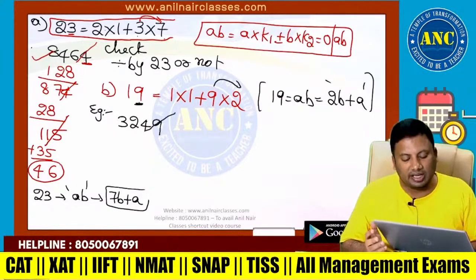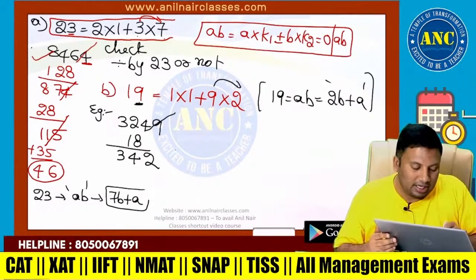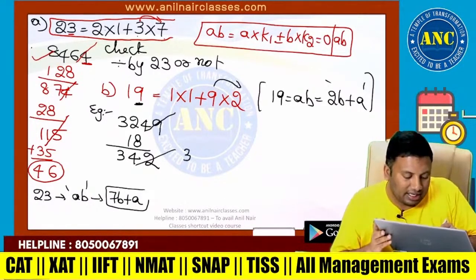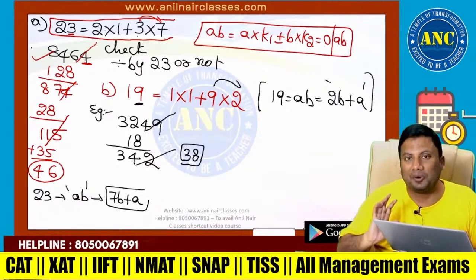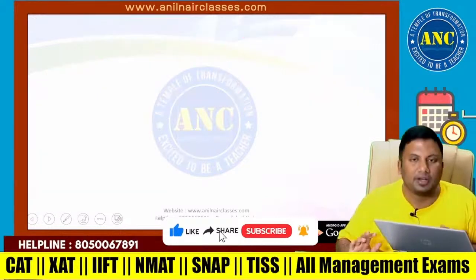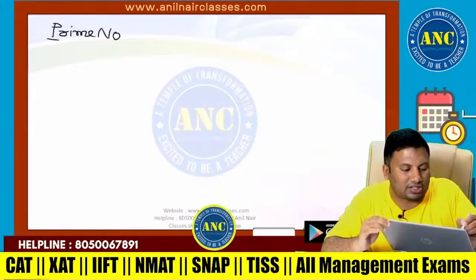Take the unit digit, double it. 9 2s are 18. Add it. 342. Take the unit digit, double it. Add it. 38. 38 is divisible by 19. I hope the idea is clear. That means you can develop your own prime number rules once you understand the concept.